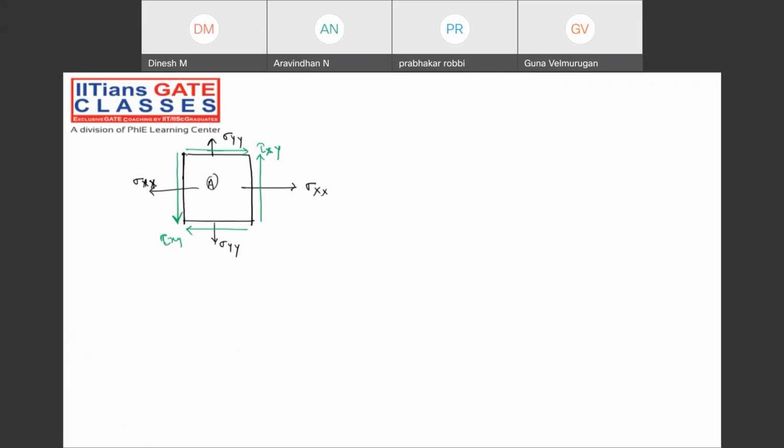I'm taking one particular angle. Suppose this element has been rotated by the angle theta in the anti-clockwise direction.